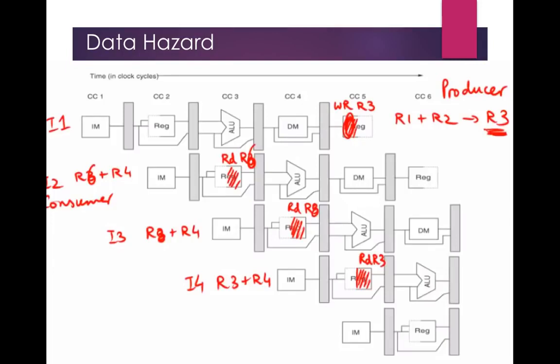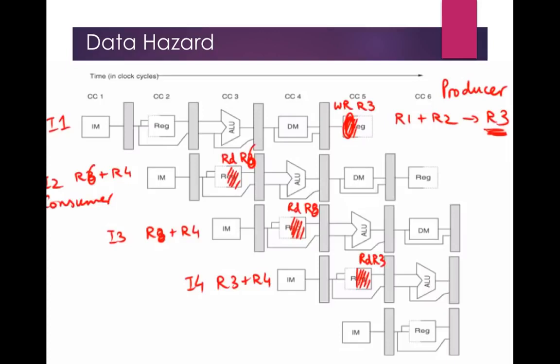If it is coming at instruction 2, we have renamed it as R6. When it comes at instruction 3, we have named it as R8. And when it comes at instruction 4, that is the time we will check whether any data conflict occurs.